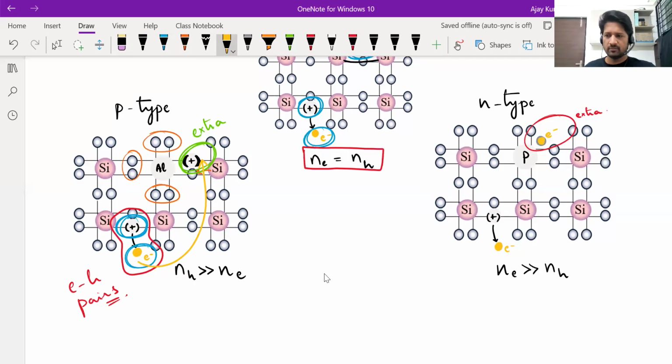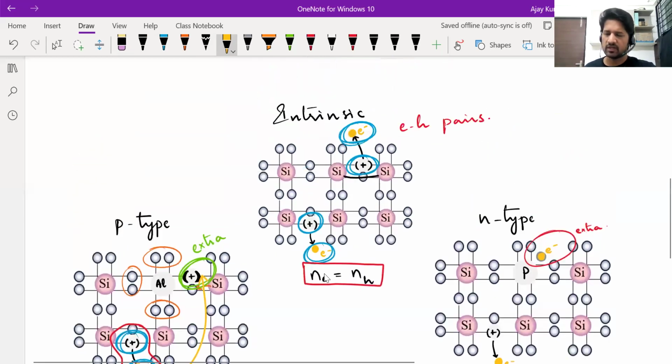Basically, in an intrinsic semiconductor, very rarely do you see electron hole pairs getting created like this. So this conduction electron, once it moves away from that place, won't immediately find a hole to settle down in.